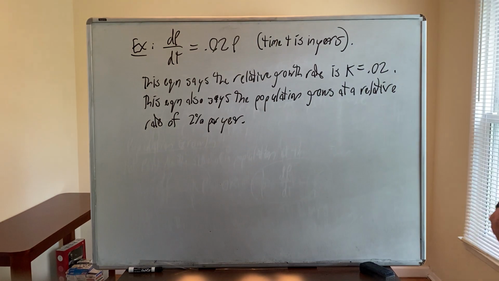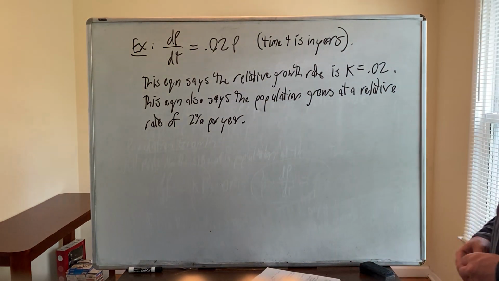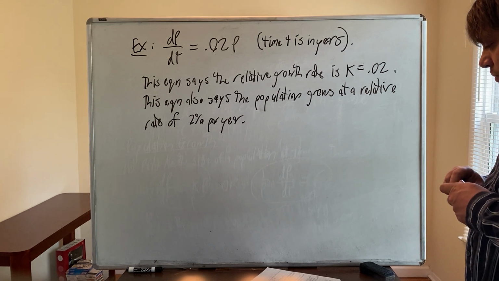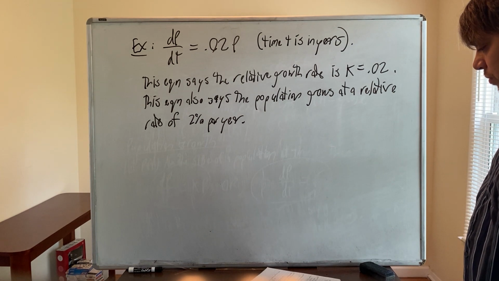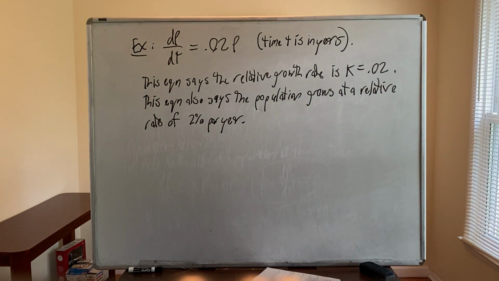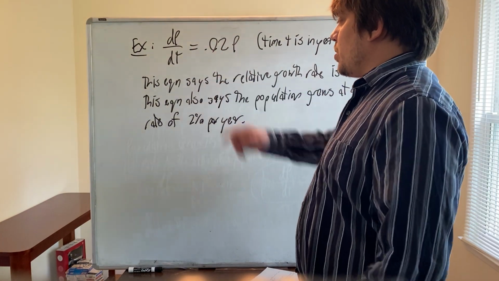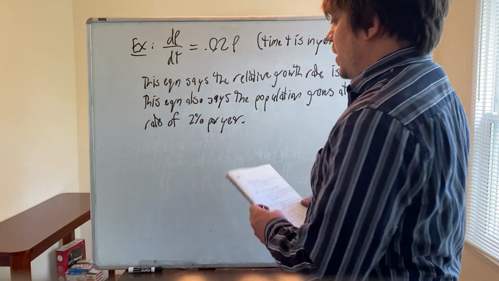0.02 is 2%, because you're multiplying the population by 0.02. That's the rate of change.